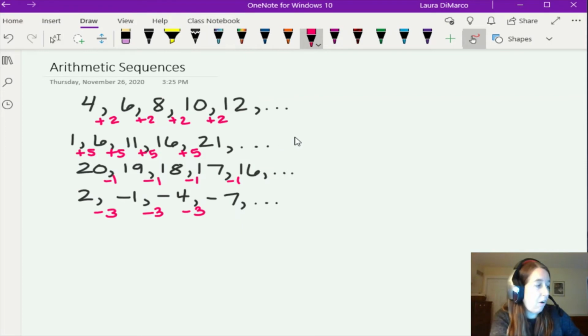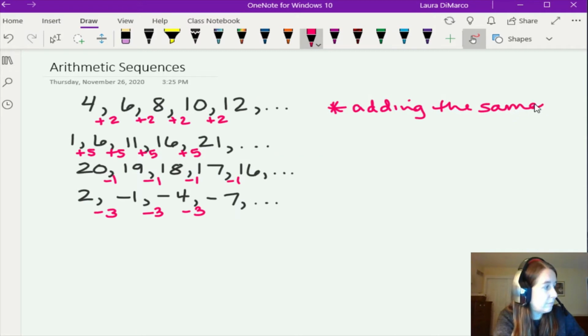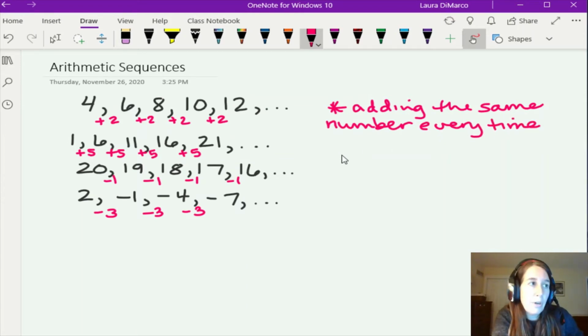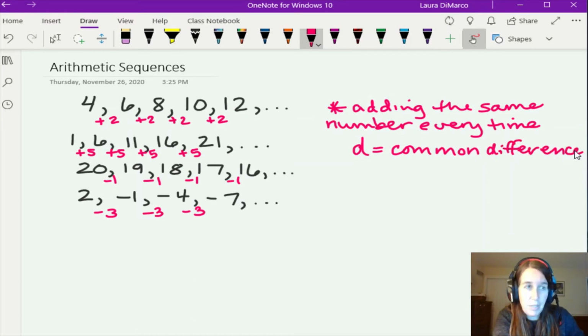So these are all arithmetic sequences, and the goal of an arithmetic sequence is we're going to be adding the same number every time. And that number that we add is called d. d is called the common difference.